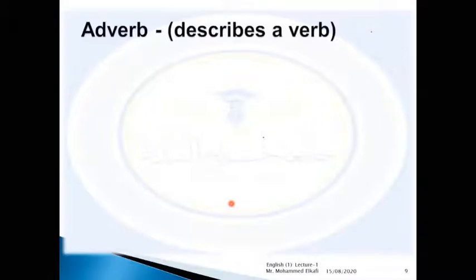The next part of speech is the adverb. So an adverb means it will add something to the verb. So it will describe a verb. So an adverb describes a verb.